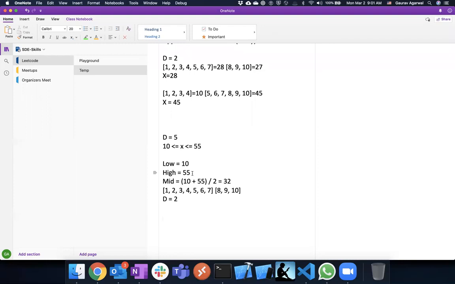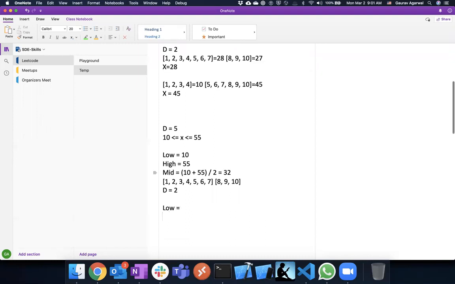We should move left, right? Should we move left or should we move right? I think we should decrease our mid, because then only we can have more days.